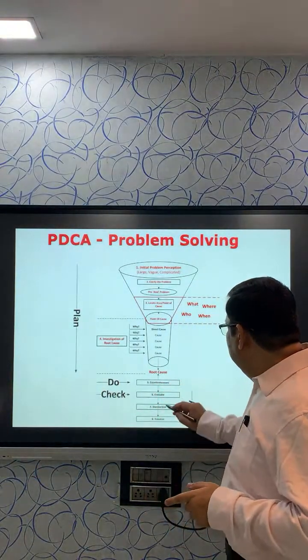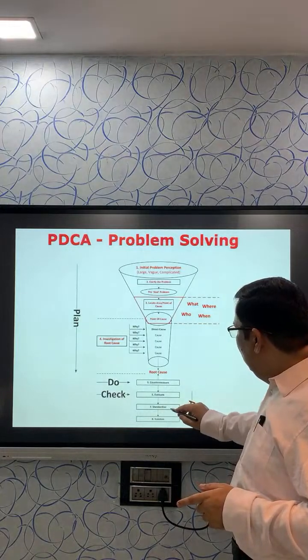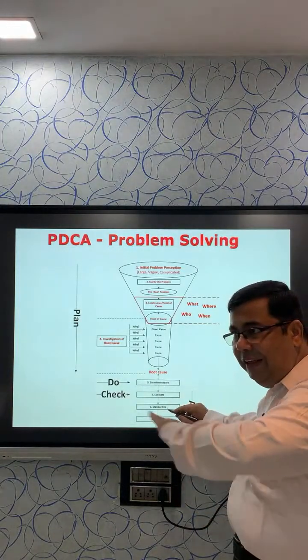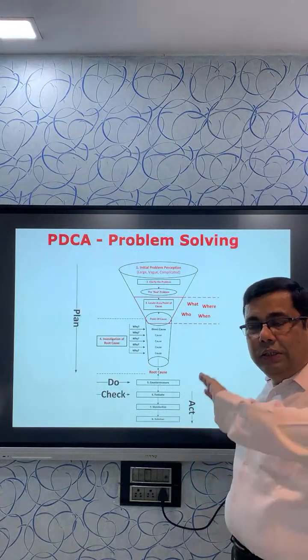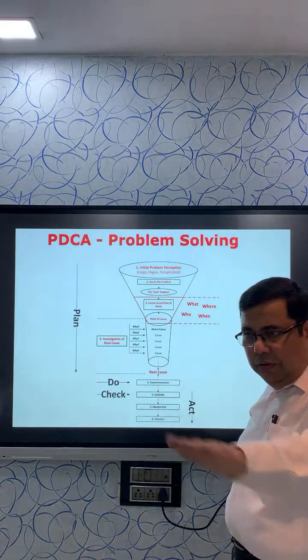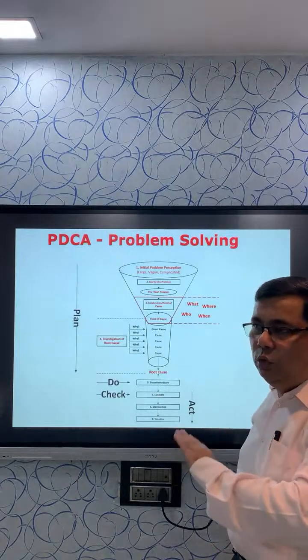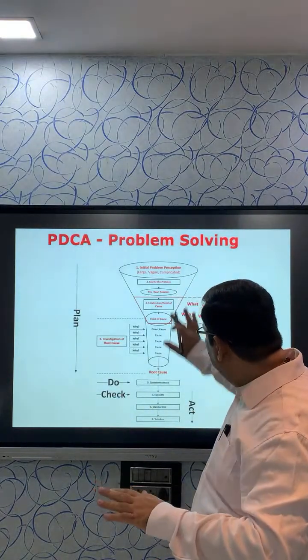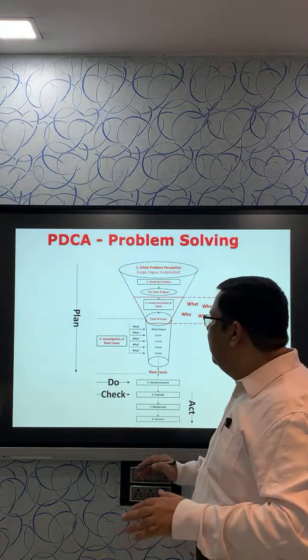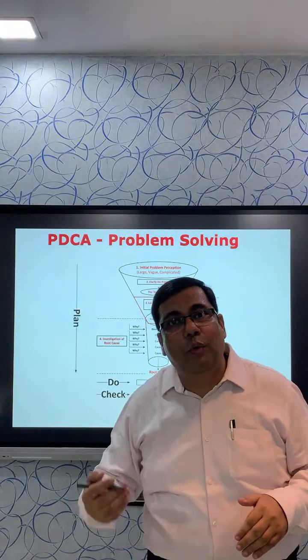And then you have to implement CAPA, and standardize it across all the equipments if it is equipment related CAPA. If it is training related, standardize as per your procedure that the training should be provided to the concerned personnel related to that problem. And then you have to share this good practice with everybody.